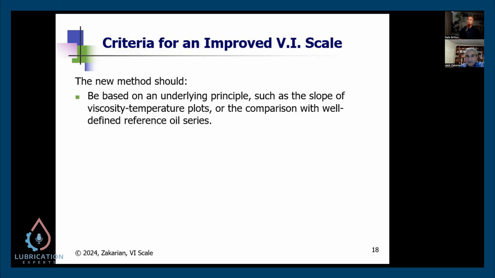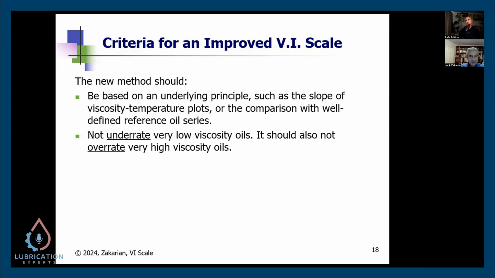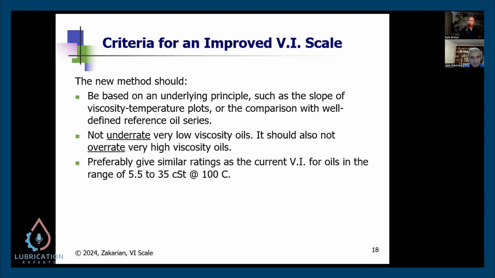Or you could go back to defining a reference oil series, but it has to be well defined and not a patchwork of different sets of data that were gathered at different times. The new scale should not underrate low vis oils, and it should not overrate high vis oils. I'm not going to get into it in this talk, but high viscosity oils actually, on the current method, have a much higher VI than they deserve based on their viscosity temperature properties.